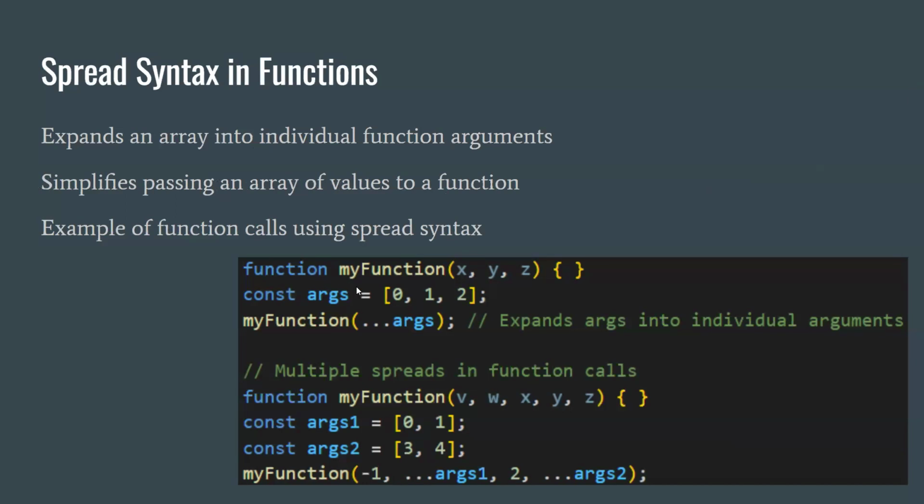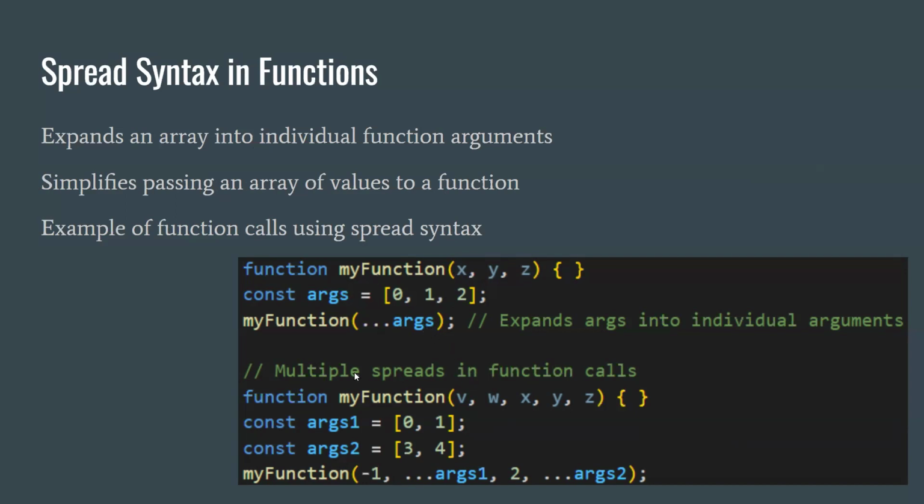So here, if we look at this example, you have this function, my function, and my function receives 3 parameters, x, y, z, and we have args, an array of size 3. We can just use spread syntax to expand arguments into individual arguments.